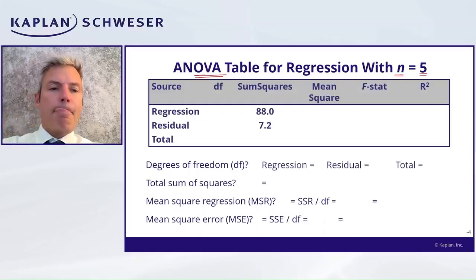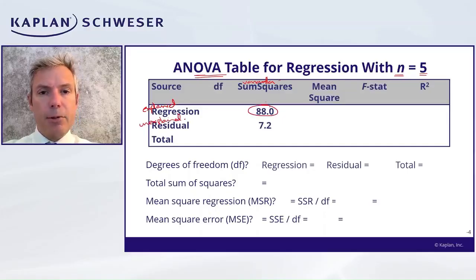All right. The idea is we're breaking our variation out, our sums of squares, into that which is explained by the regression and that which is unexplained, and therefore is coming out in the residual. And yes, in this table, to interpret what's going on, that would be your SSR, and that would be your SSE.